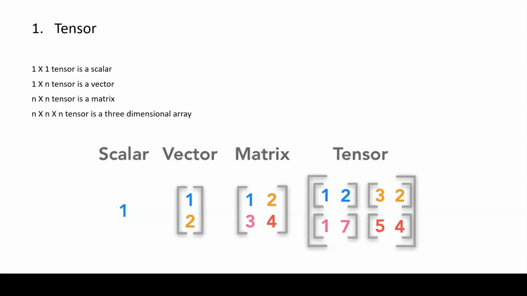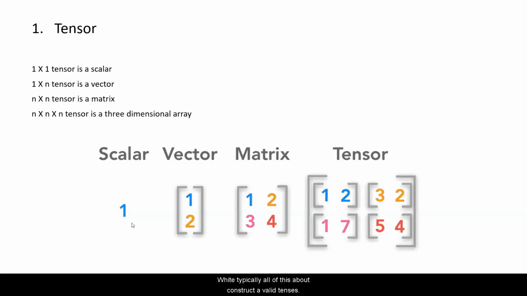I think I made a small mistake. So in this example, it is a 4 cross 1 cross 2 tensor, or a three-dimensional array. That means 4 matrices. So we can see here 4 matrices of size 1 cross 2, that is 1 row and 2 columns.